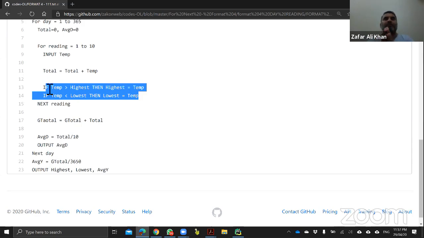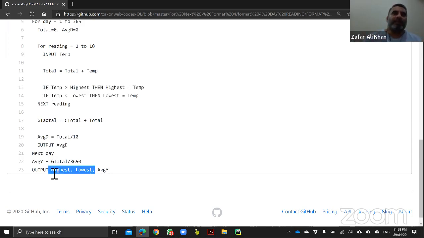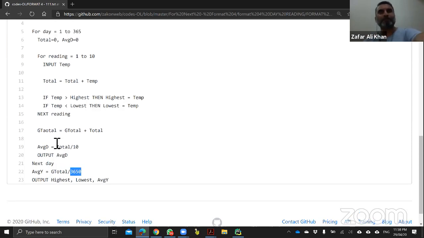So we will output the highest and the lowest of the whole year at the end, and then the average of the year. Remember, this average of the year is not just out of 10 or 365, because this is the grand total of all 3650 inputs. It is the number 3650 which is used to find the average. This is the count of inputs over the year, 10 every day for 365 days. So that is how it will be done.